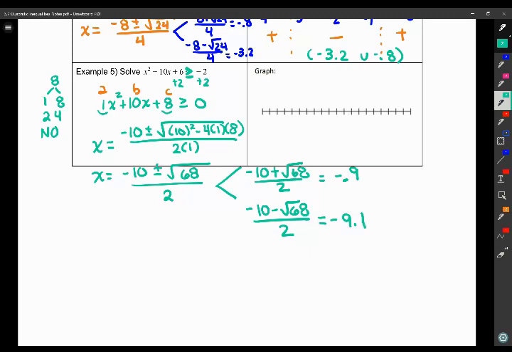So kind of the same idea. We're going to graph these. They're both negatives, so we're probably going to need to go by 2's again. We're going to say that this is 0, and maybe we'll do this negative 1.